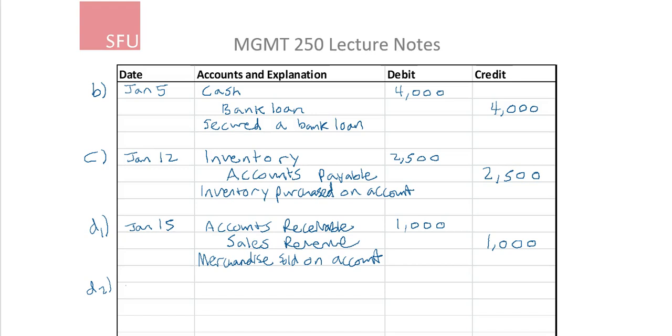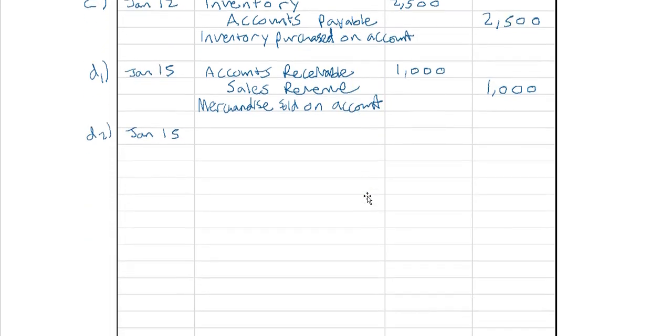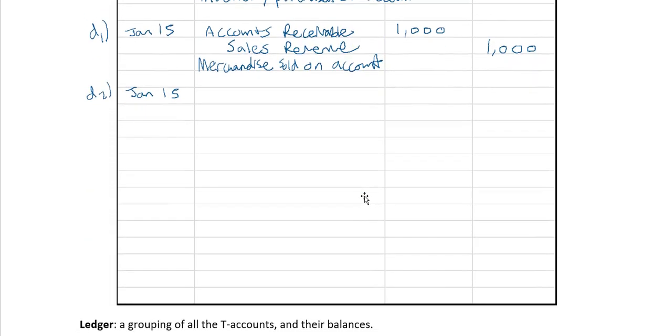D2, January 15th. Running out of space here, so I'm going to scroll up a little bit. We have our second half of this transaction, which we're going to journalize, which is the actual cost of the inventory we sold.